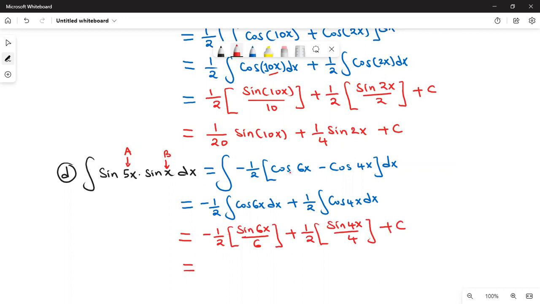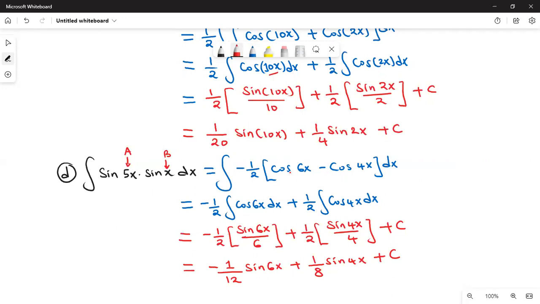When I simplify this, it is the same as negative 1/12 sine 6x plus 1/8 sine 4x plus a constant c. So that is our answer.